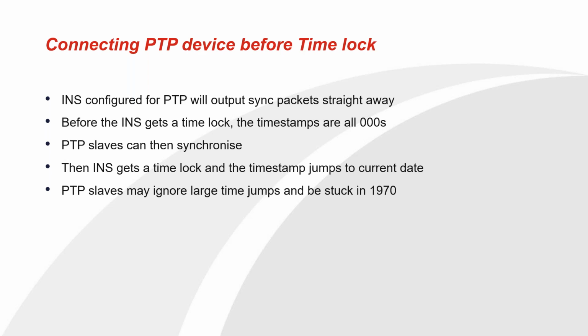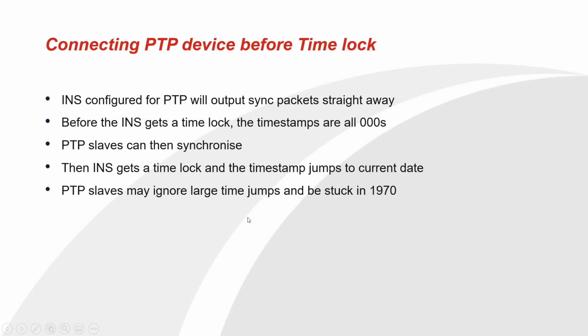And what happens is the PTP slaves can actually synchronize using these 0 second timestamps, and then their clock synchronizes to 0 seconds, which would be 1970 in the GPS epoch.